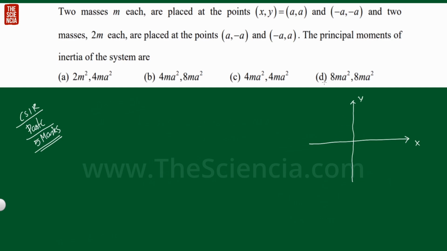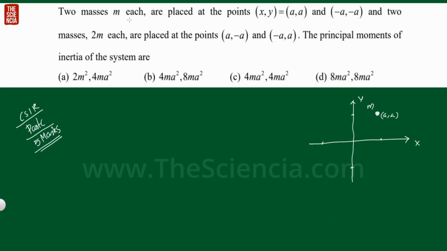The first particle, that is the first mass m, is placed at point (a, a). Suppose this is a, this is a, and this is the length. I am going to fix the first particle here. Its coordinates are (a, a), and its mass is m, right?